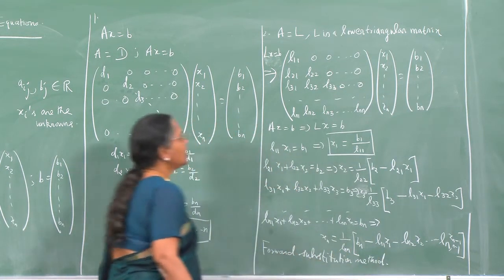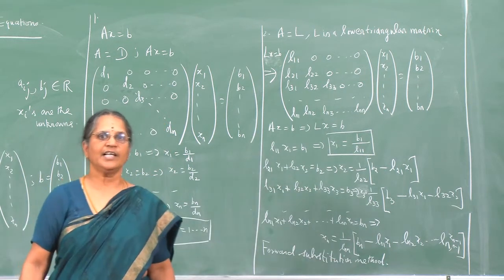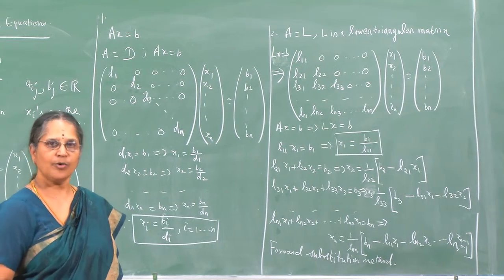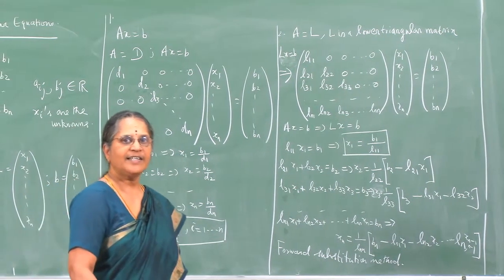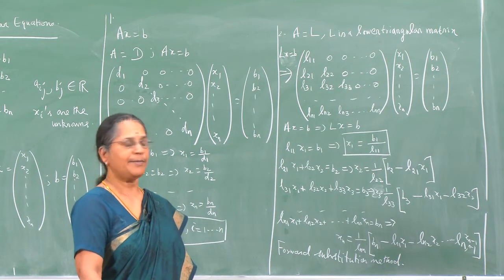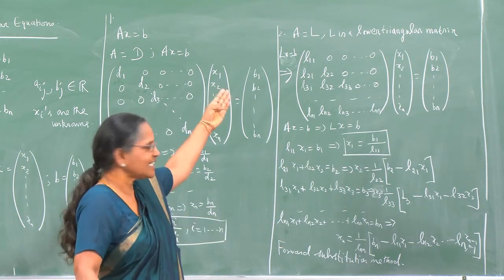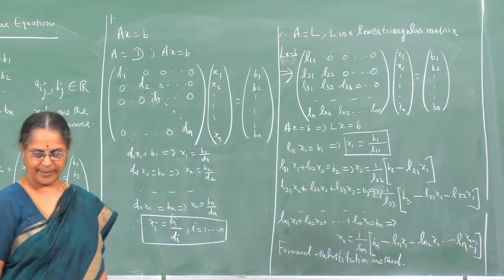And therefore, if you have a system of linear equations in which the coefficient matrix A is a lower triangular matrix, then its solution can immediately be obtained using forward substitution method, as has been explained here.